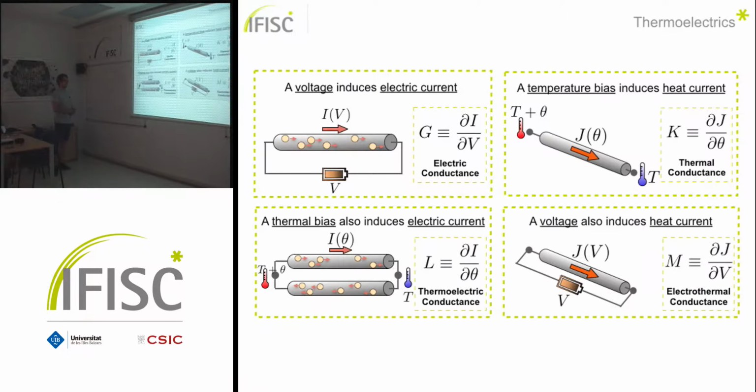But we also have some kind of cross phenomena. A thermal bias also induces an electric current. If we heat one side of a circuit with different metals, a current can occur. And with this, we have the thermoelectric conductance, and the electron thermal conductance.